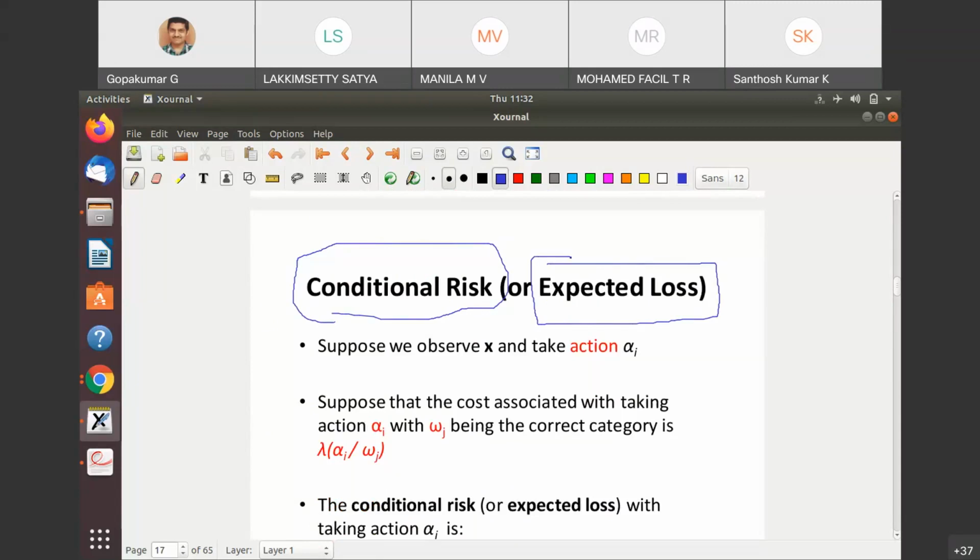Assume we are given x as a feature vector and we take an action alpha I. The cost associated with taking the action alpha I is the definition of the loss function.